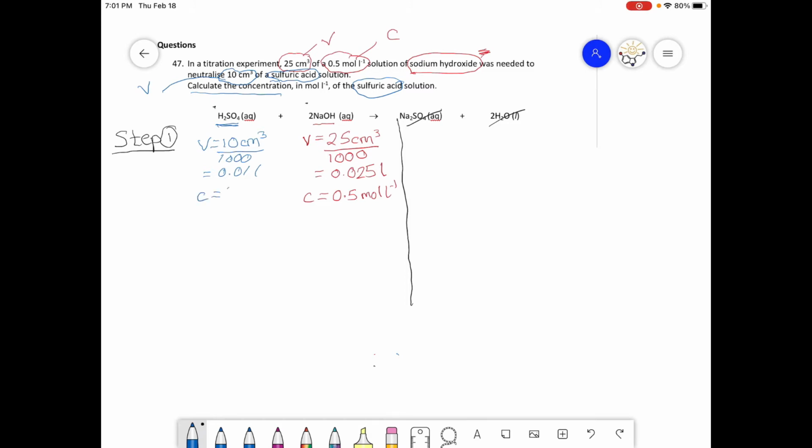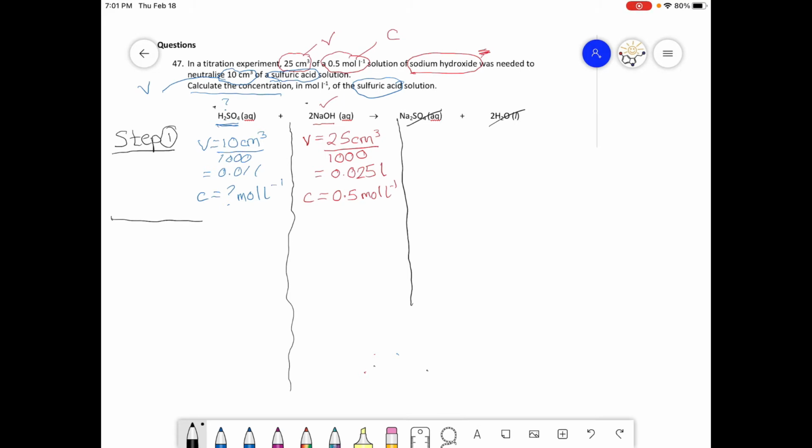So I'm going to put C equals question mark moles per litre. That's what we're trying to find out about. And the chemical we're told the most about is the sodium hydroxide. I'm going to make 2 columns because I don't want to get my numbers mixed up.